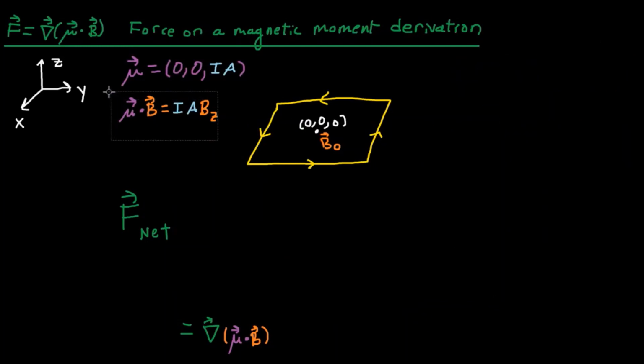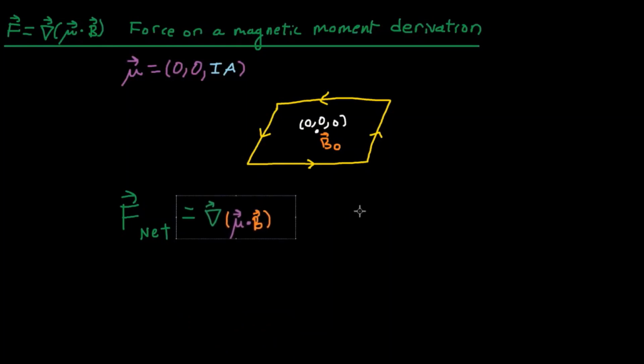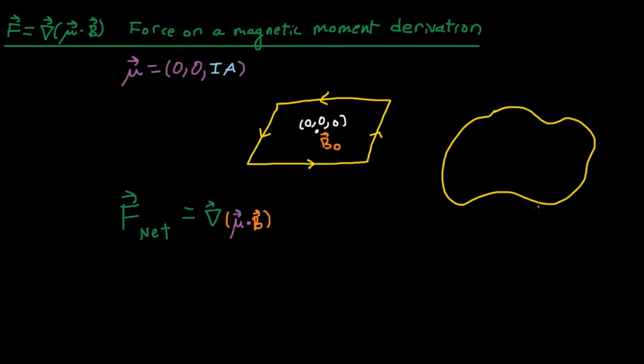And let's talk about the generalization of this law. So far, we have only derived this law for this square loop of current, right? However, this law would also be true for an arbitrarily shaped loop of wire with a current going around it.